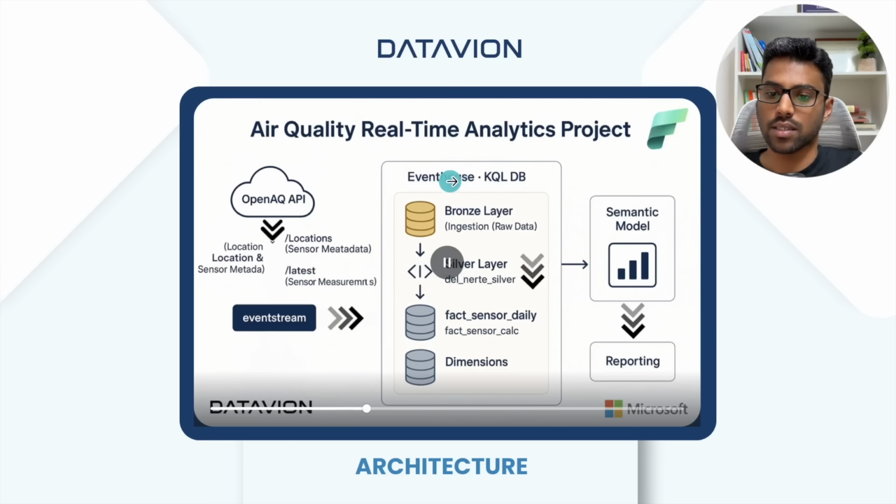And our data landing zone is going to be the KQL DB within the Eventhouse. We're going to quickly talk about why Eventstream and Eventhouse, because since we are looking at a real-time use case, it is ideal to choose capabilities such as Eventstream for streaming data, and then the Eventhouse with KQL DB.